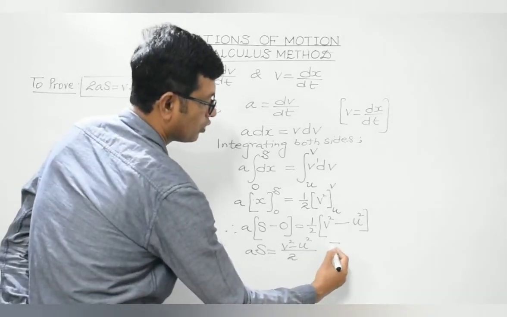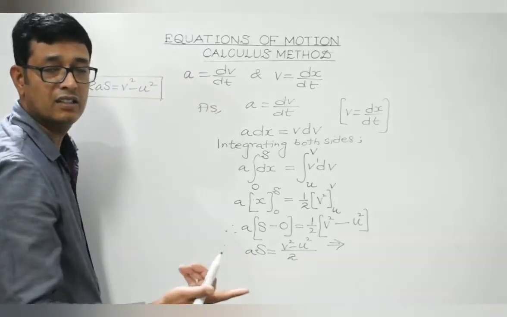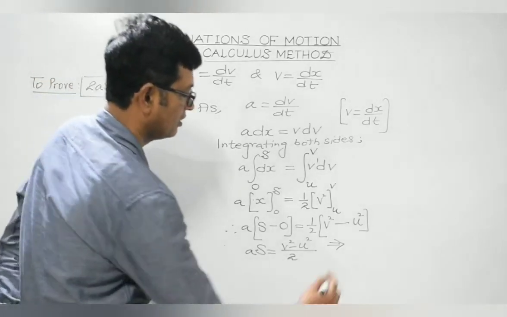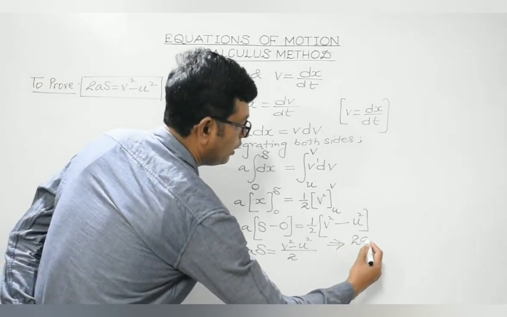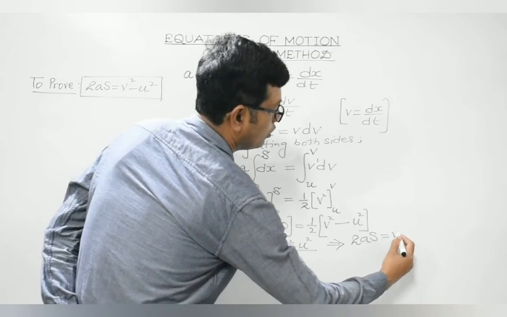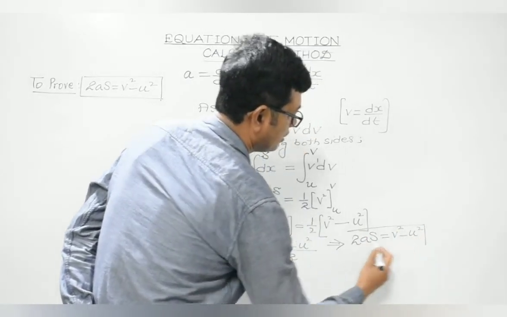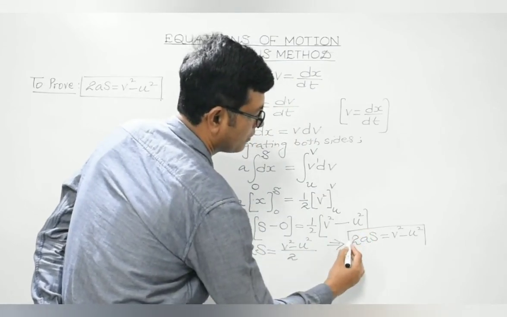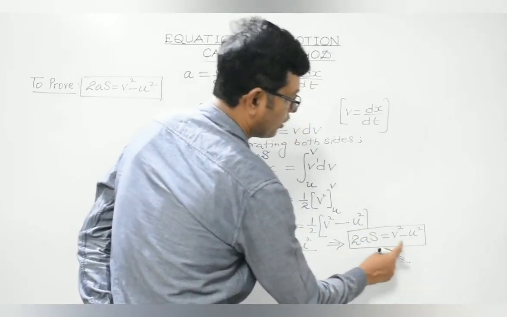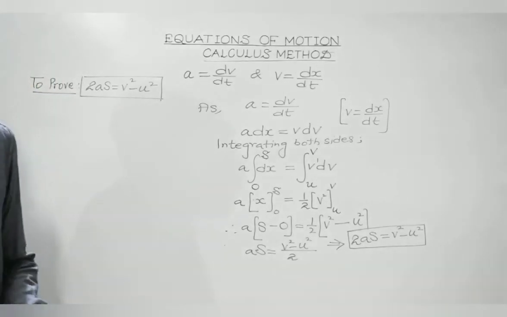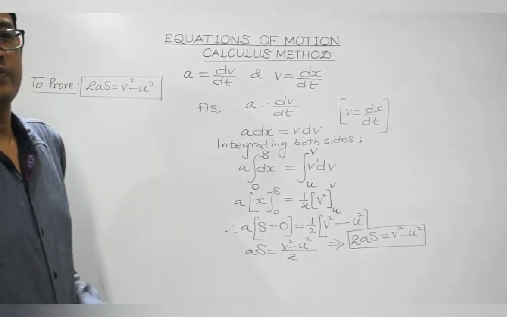So students, cross multiply it and we will reach the result, that is 2as is equal to v square minus u square. So this is the third equation of motion, which is also known as the displacement velocity relationship.